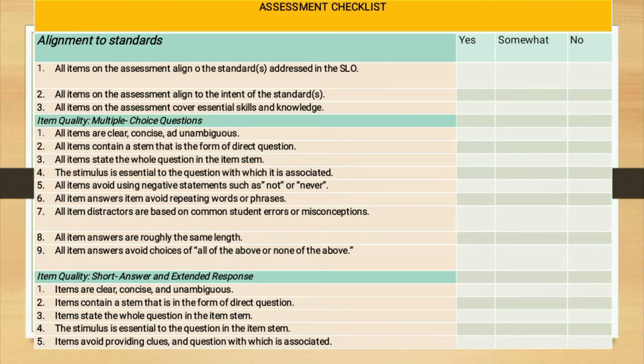You can mark yes, or somewhat, or no if it does not fit. Same with number 2, all items on the assessment align to the intent of the standards. So it also depends on the performance of our students.